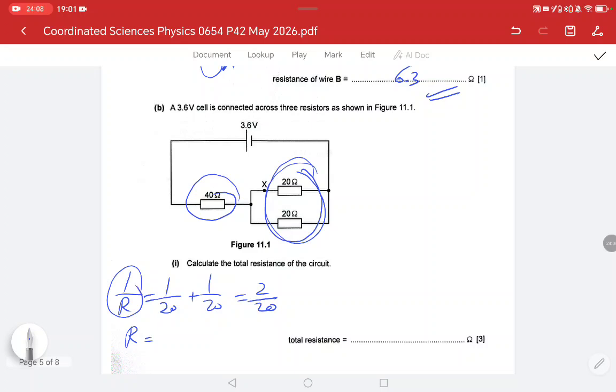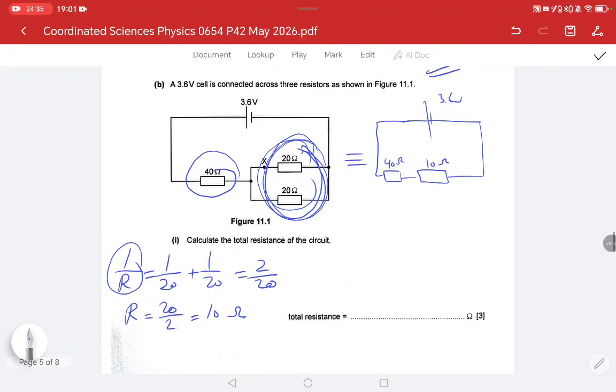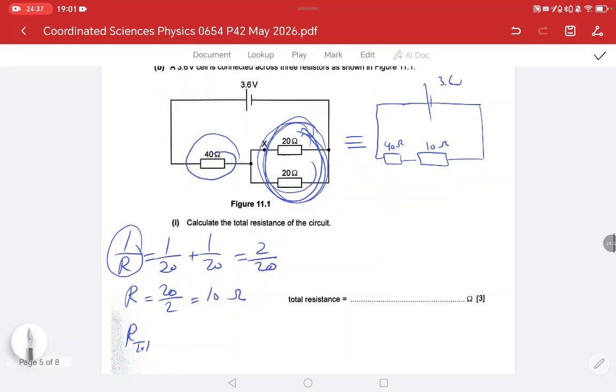Take care, this is 1 over R, so taking the reciprocal, it's 20/2, which is 10 ohms. So the equivalent circuit has 10 ohms instead of these 2, and with this one the 40 ohms. Now they are in series, so R total equals 40 ohms plus 10 ohms, which is 50 ohms.